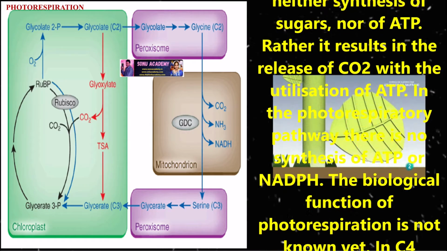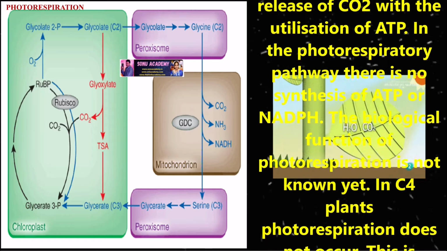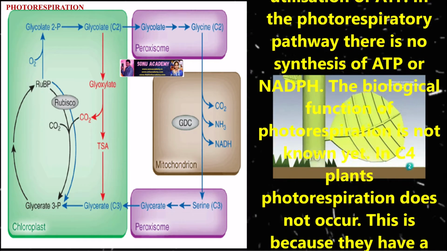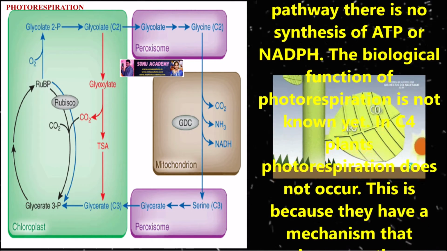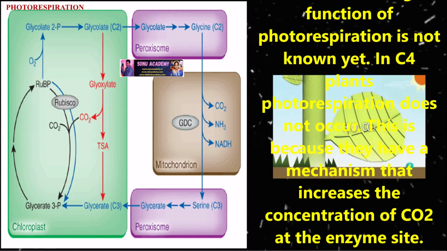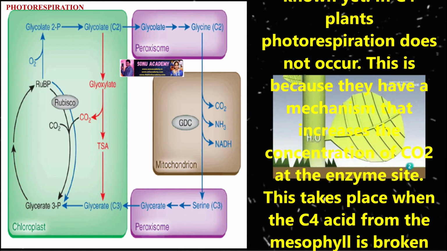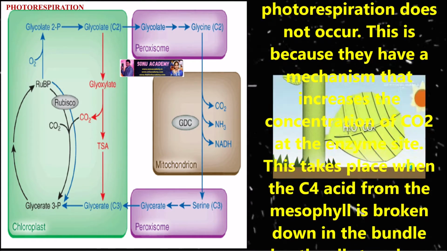In the photorespiration pathway, there is neither synthesis of sugar nor of ATP. Rather, it results in the release of CO2 with the utilization of ATP. In the photorespiration pathway, there is no synthesis of ATP or NADPH. The biological function of photorespiration is not known yet.